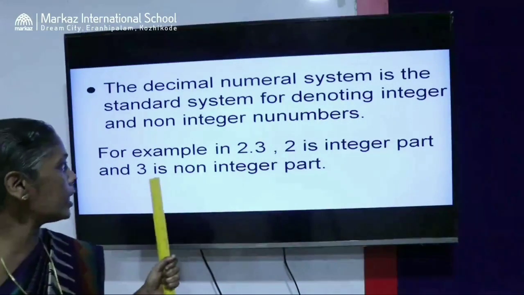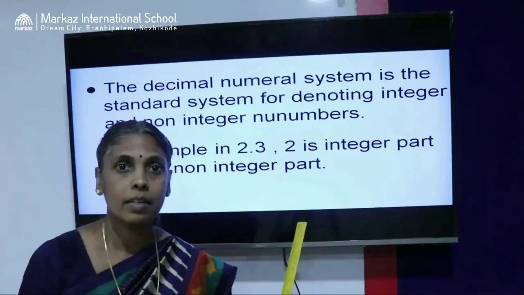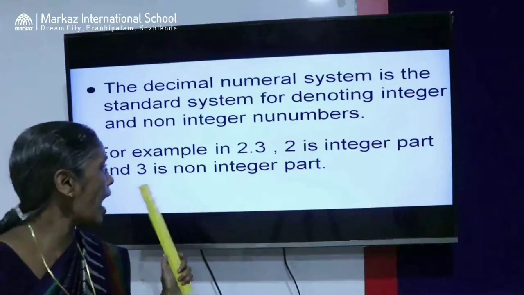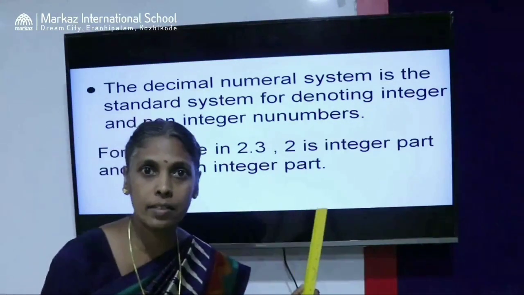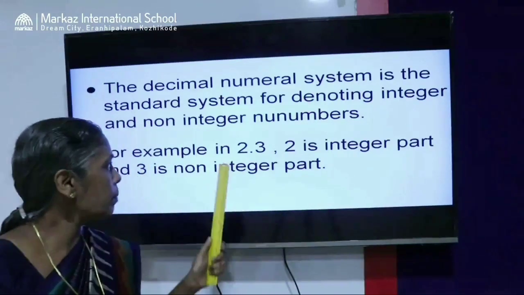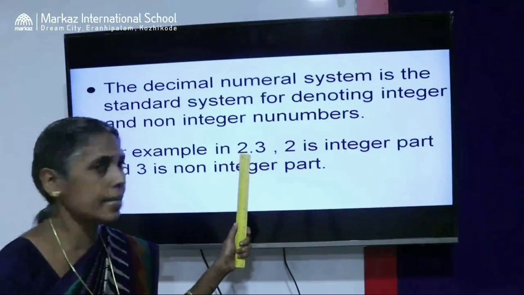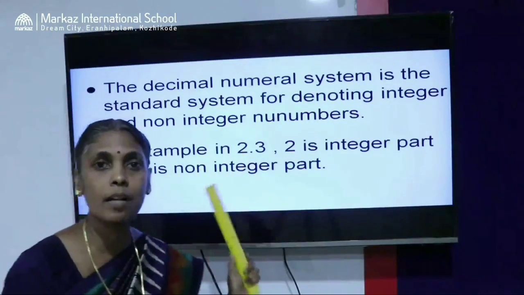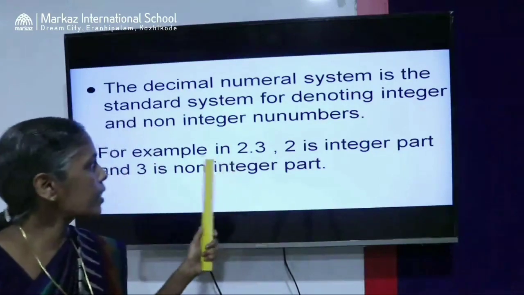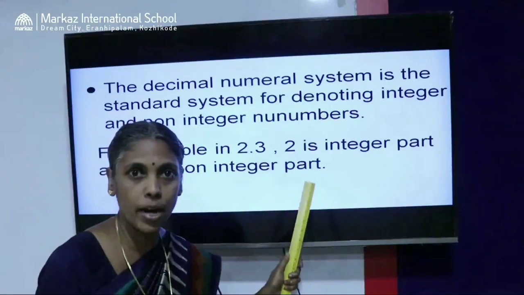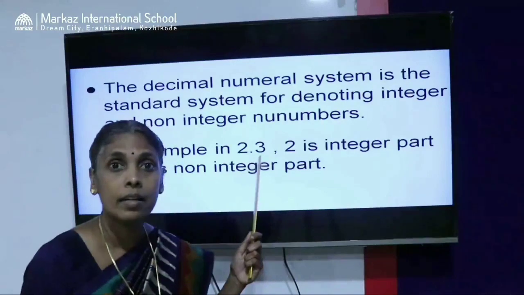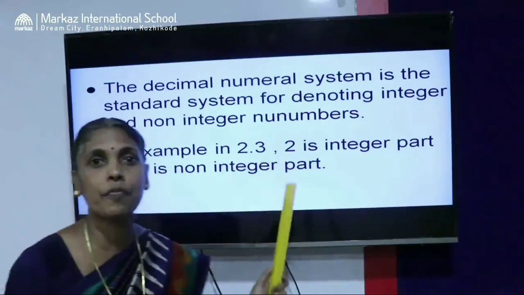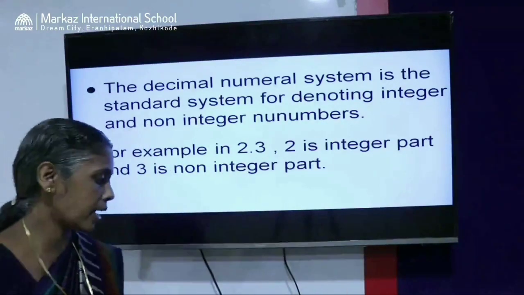Say, for example, in 2.3, this is the decimal form: 2 is the integer part and 3 is the non-integer part. The main thing is that to the left of the decimal point all the digits are more than 1, and to the right of the decimal point the digits are less than 1.